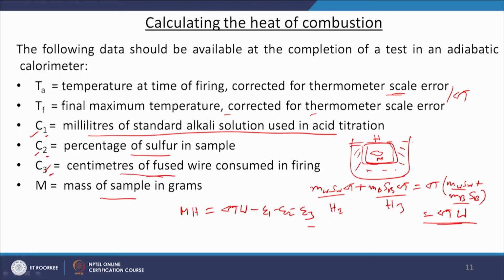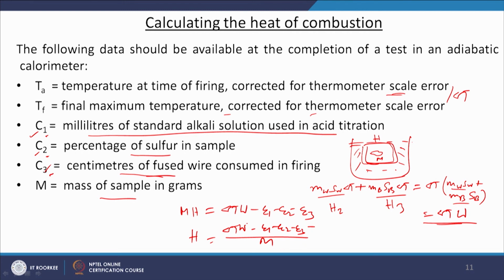By doing this correction we can calculate the actual heat generated during the combustion. So, the high heating value H will be del T W minus E1 minus E2 minus E3, divided by m, where m is the mass of the material taken in the bomb calorimeter. This is the process we follow, and by using this formula we can calculate the heating value.